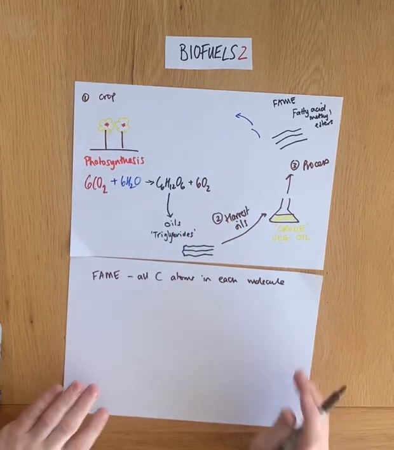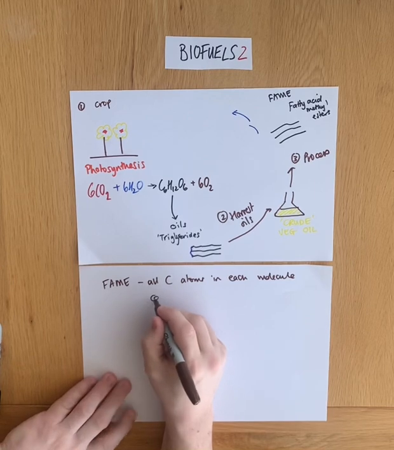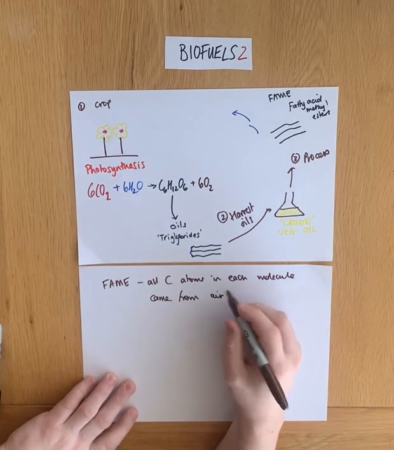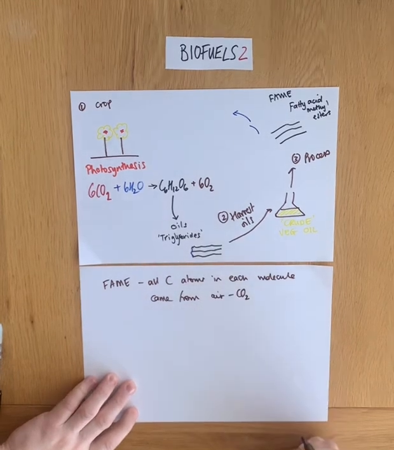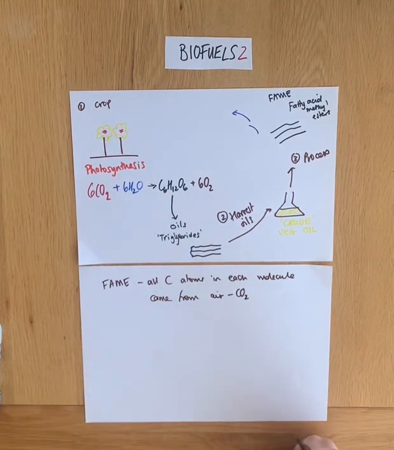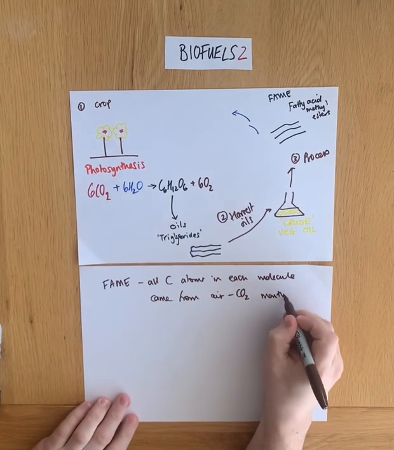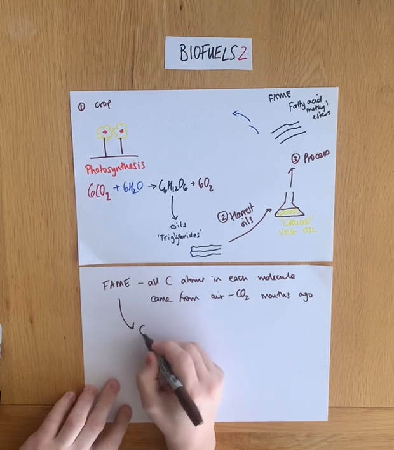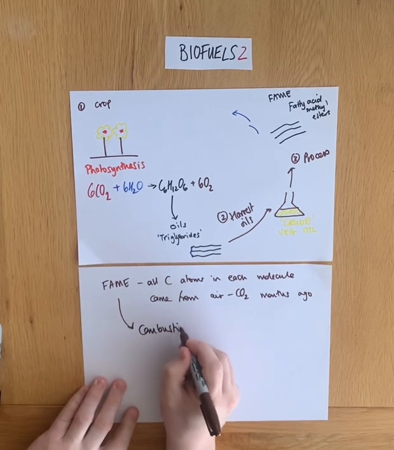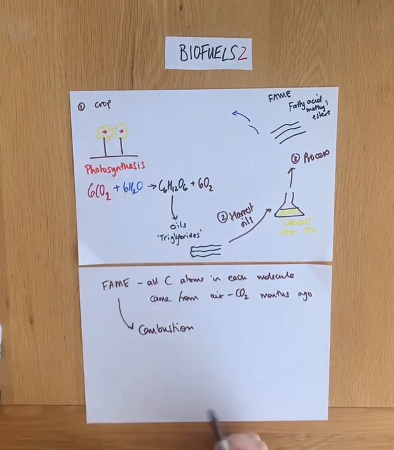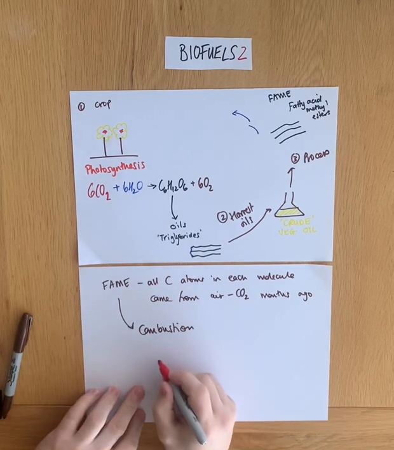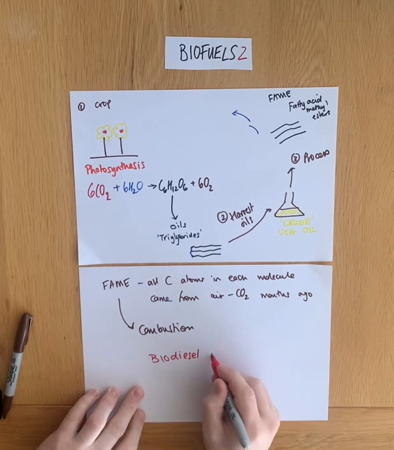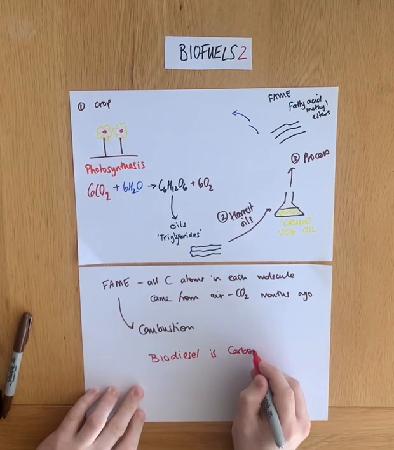So all the carbons in each molecule originally came from the CO2 in the air, only a few months ago. So when we combust the FAME, we're just putting that carbon dioxide back in the atmosphere. Therefore, we can say that biodiesel is carbon neutral.